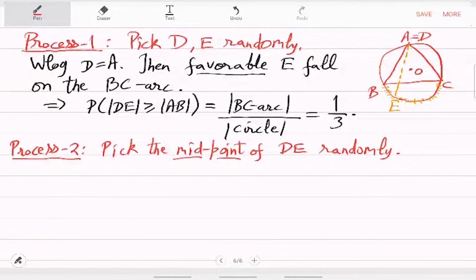It specifies the chord, right, because the endpoints are defined by the intersection with the circle. So, picking the midpoint of chord is also a valid selection process.